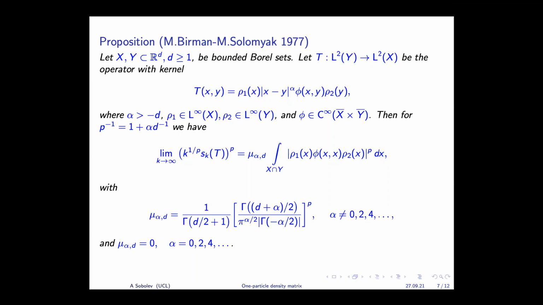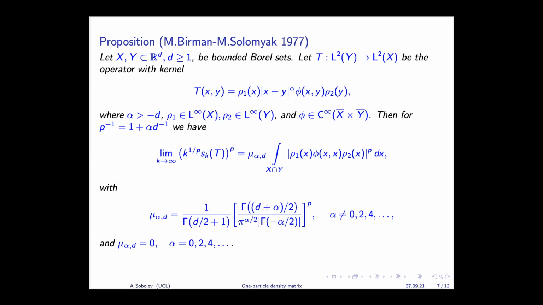And this theorem explains why this specific form of singularity, the Lipschitz singularity in our case, actually allows you to find the spectral asymptotics. So that will be the important result for us.